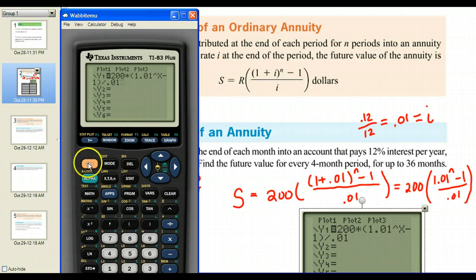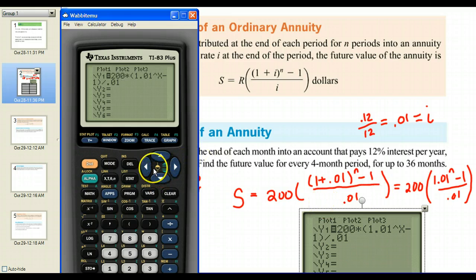Notice here that I have the 200 times, this is what I'm plugging into my calculator. The 200 times 1.01 to the X, because I don't have an n button, minus 1. Close that parentheses. That's all the numerator, divided by 0.01. Now notice there's a parentheses around the whole entire outside.